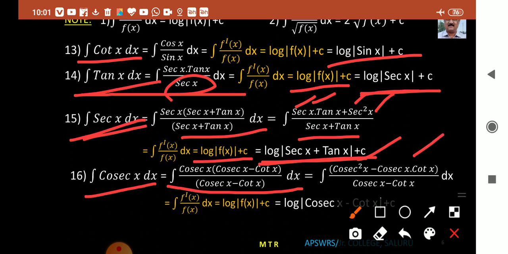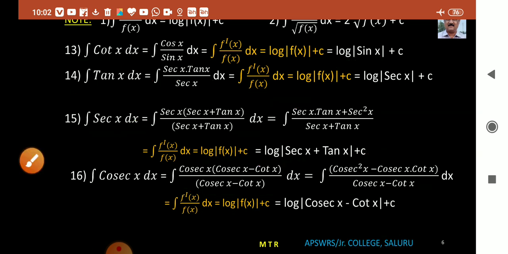Here also clearly the derivative of the denominator is the numerator. The derivative of cosecant x is minus cosecant x cot x. The derivative of minus cot x is cosecant square x. So the derivative of the denominator is the numerator. So log modulus the denominator is log modulus cosecant x minus cot x.